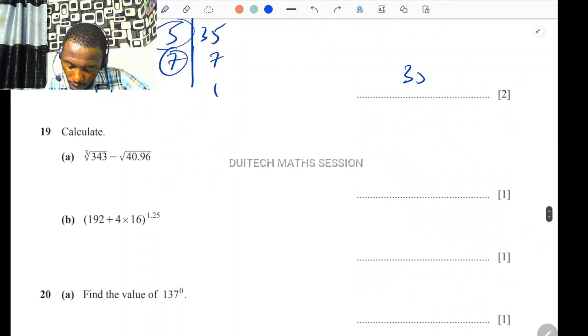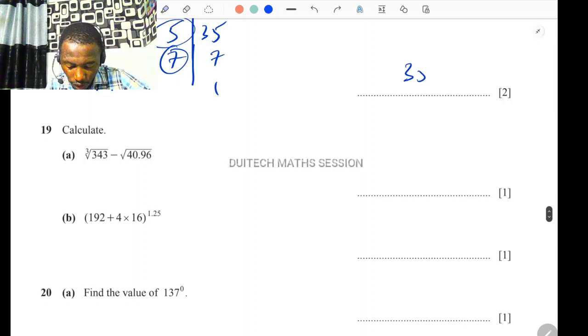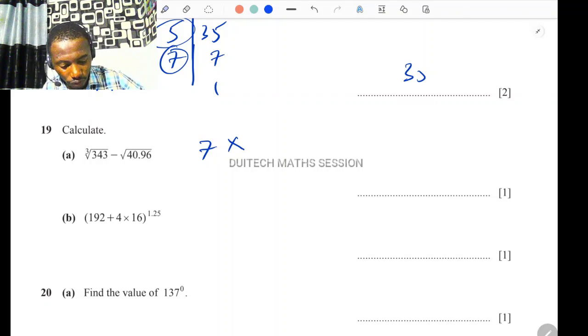So they say calculate this particular value. Here you can directly calculate the cube root of 343, you can punch it. The cube root of 343 equals 7. Then the square root of 40.96 is 6.4.